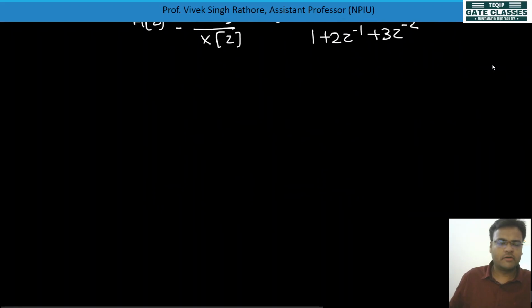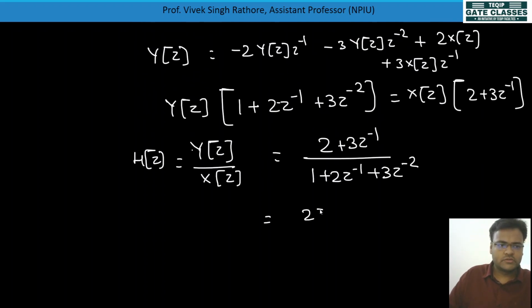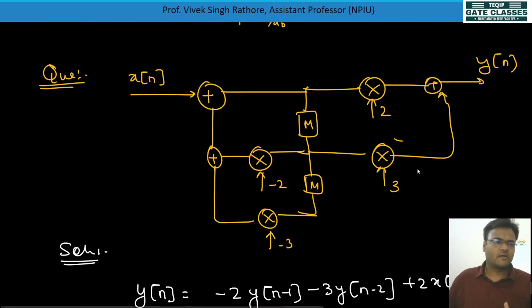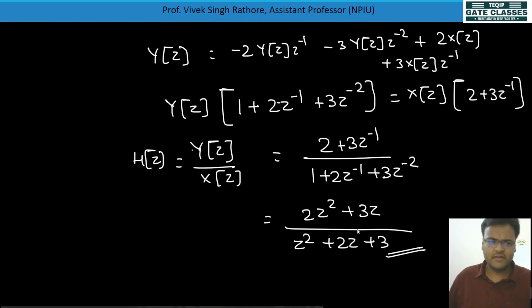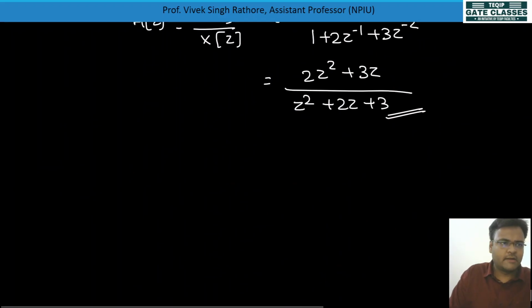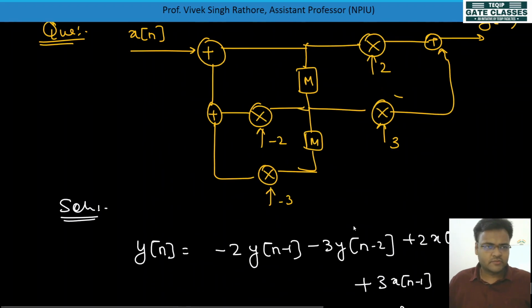Here if you multiply z square on both numerator and denominator, what we'll get is 2z square plus 3z over z square plus 2z plus 3. This is the final answer, or H of z, of this block diagram. Very easy. Apart from this question, I will tell you one thing, because the solution of this question is this much only, you can understand this question.